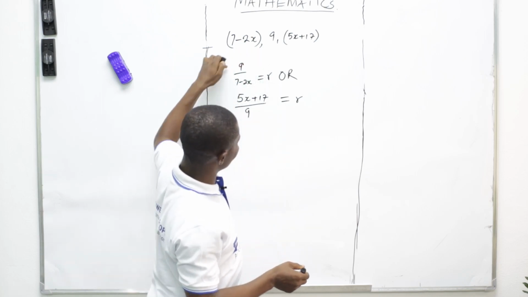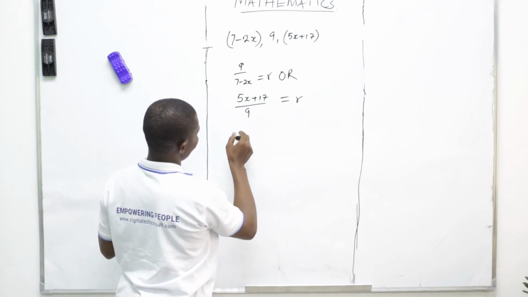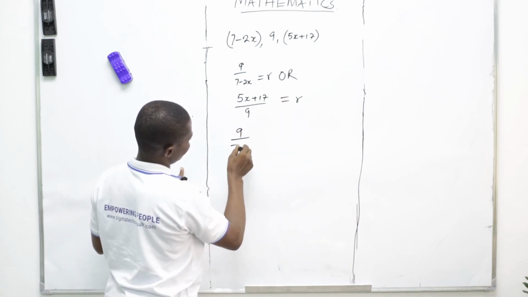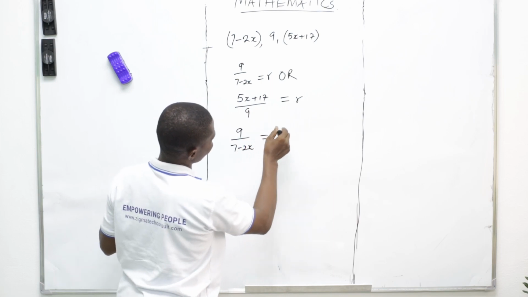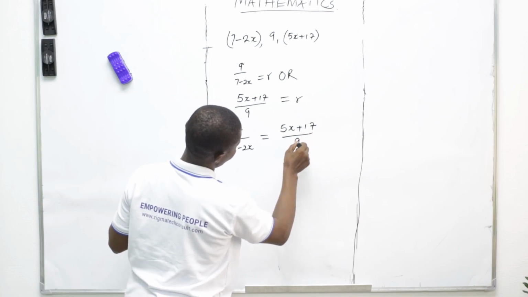Now, if r is this and r is also this, it means equation 1: 9 all over 7 minus 2x equals 5x plus 17 all over 9.